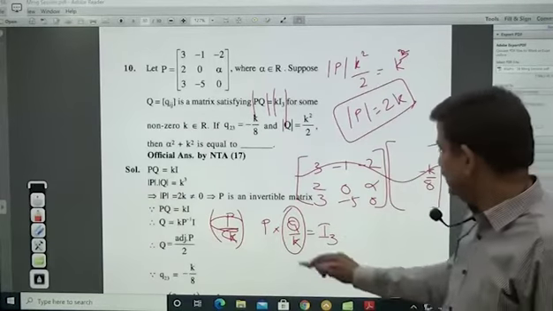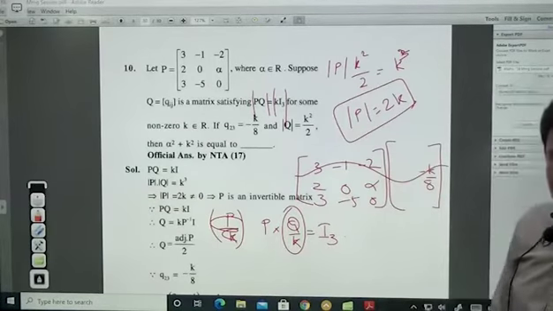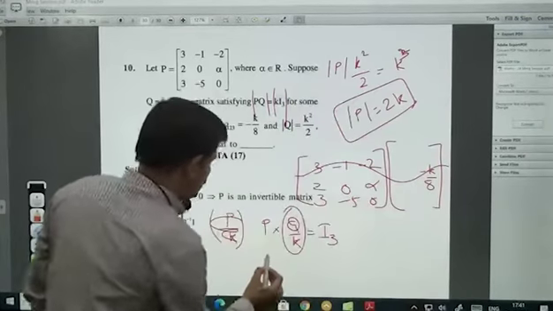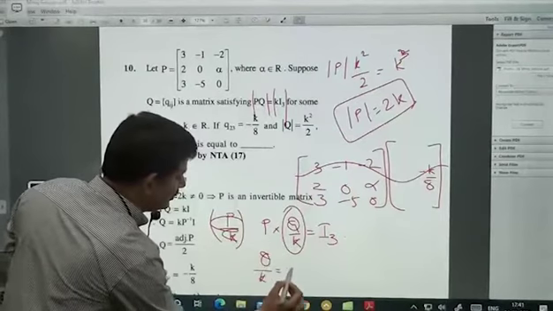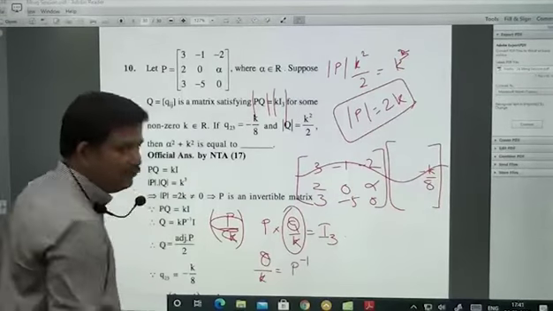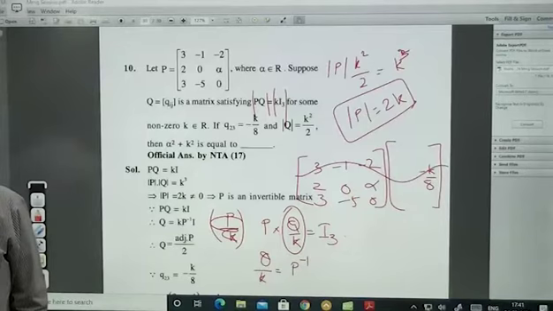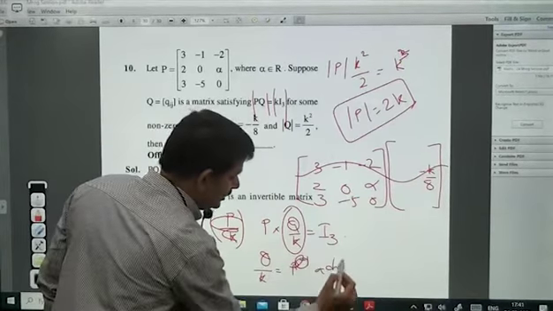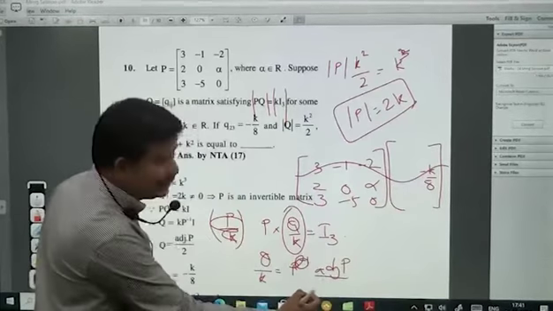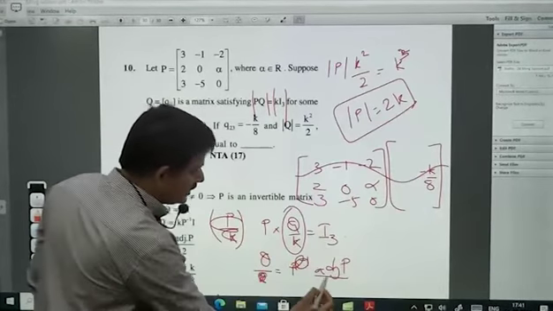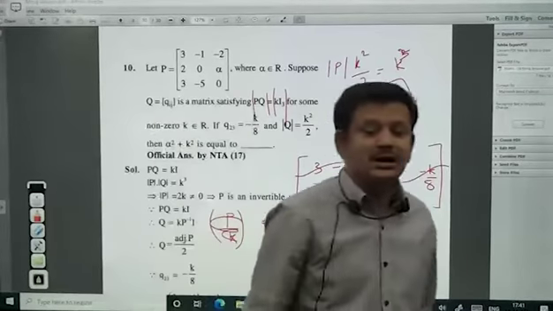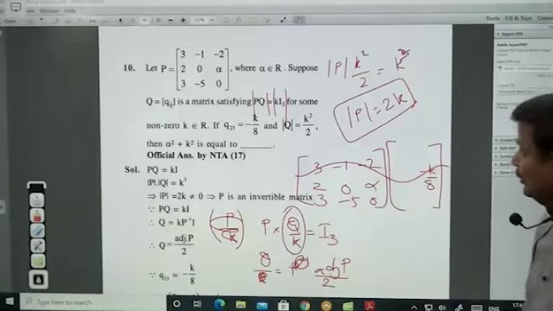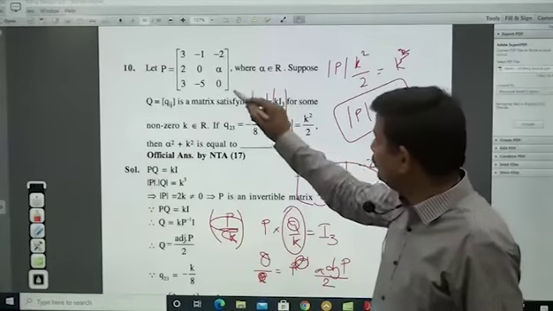So P inverse, which is Q by k, is adjoint of P divided by det P, that is 2k. So this k gets cancelled. Q is nothing but adjoint of P divided by 2.